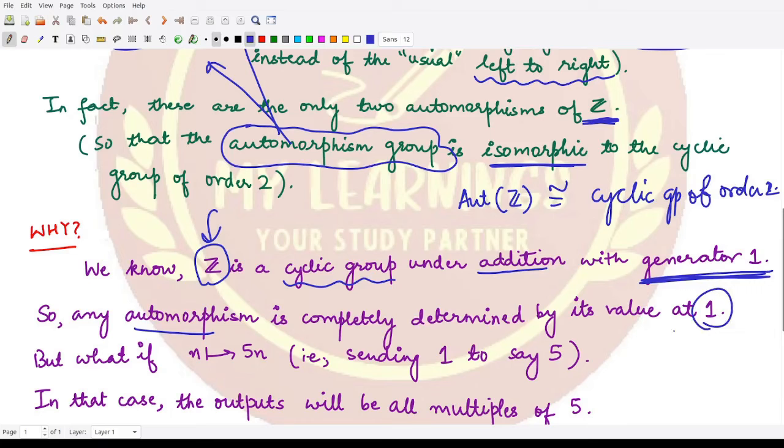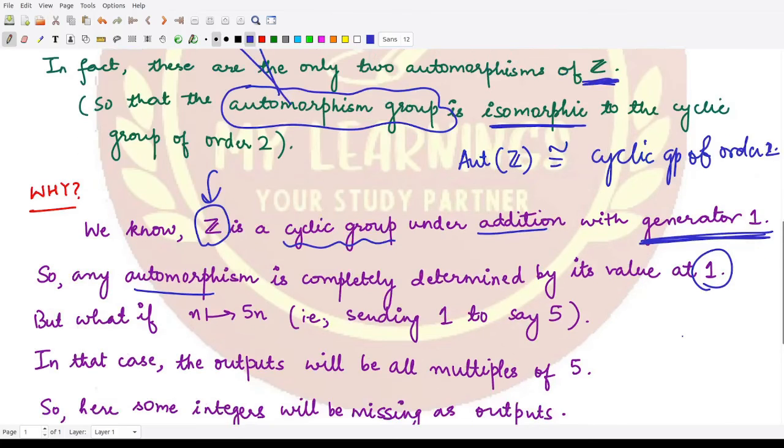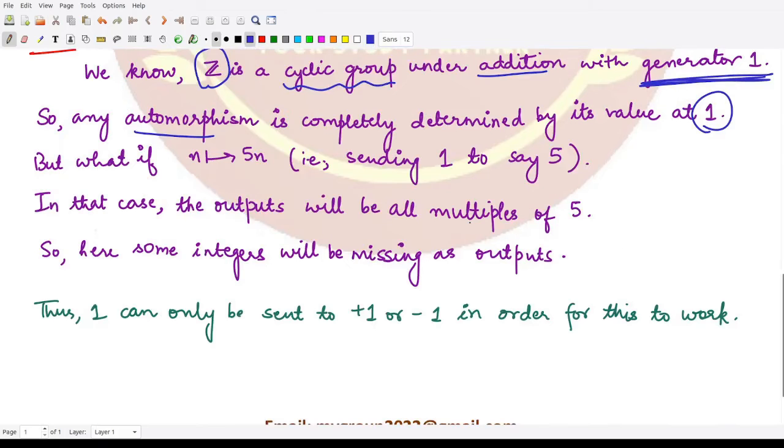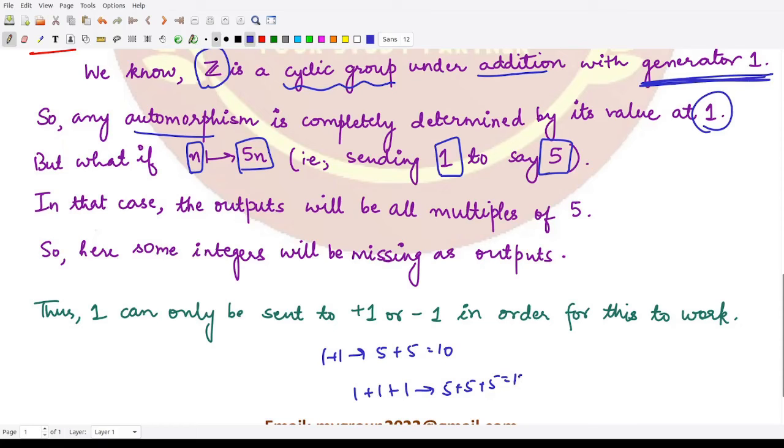Now suppose we define another map, say n going to 5n. That means 1 is going to 5, and 1 plus 1 is going to 5 plus 5, which would be 10. 1 plus 1 plus 1 is going to 5 plus 5 plus 5, which would be 15, and so on.